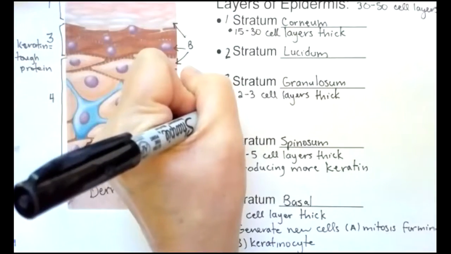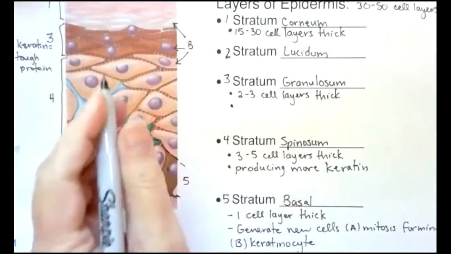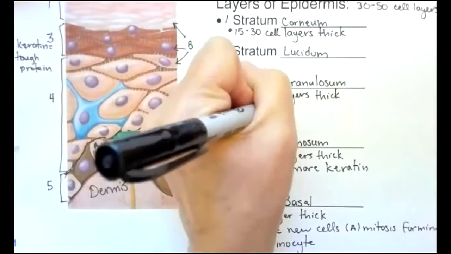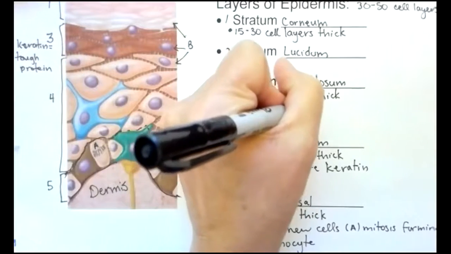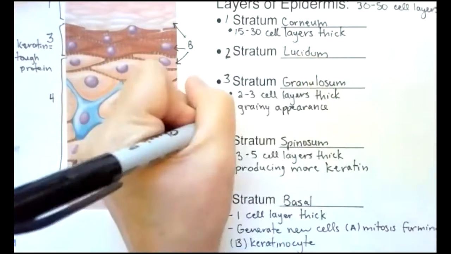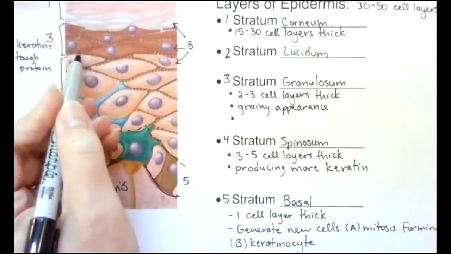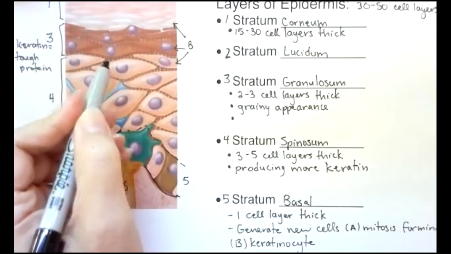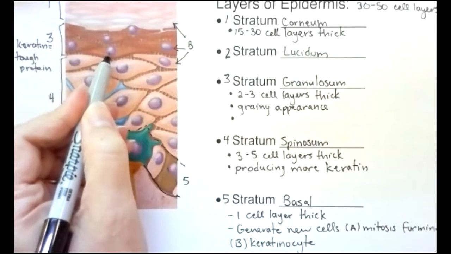And the term granulosum comes from the fact that this layer looks grainy. And if you look at what's happening, we see these cells beginning to flatten out. And if you think the nuclei from here to here look smaller, it's not your eyes deceiving you.